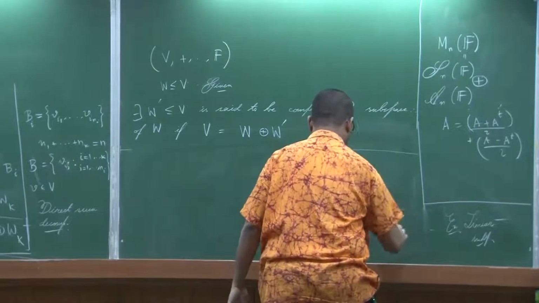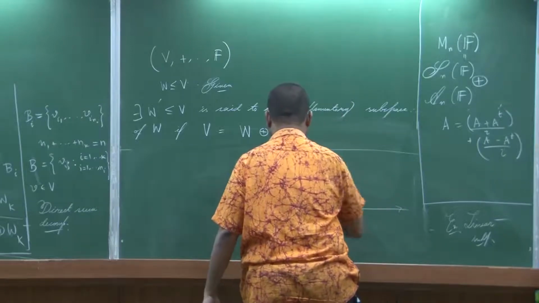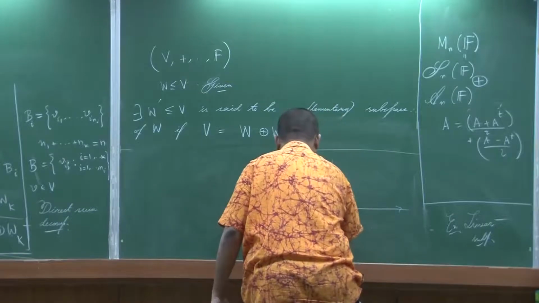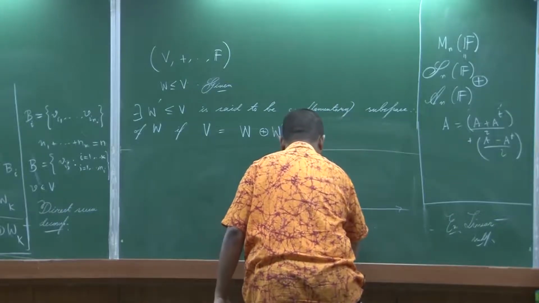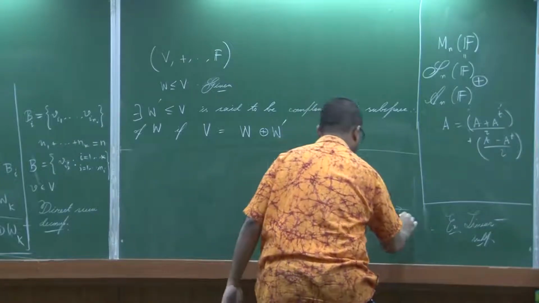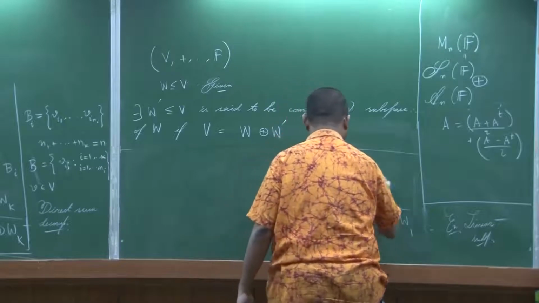Suppose V is my R2, and W is, let us say, the x axis. Then we go back to our original example: this is W1, this is W2 and this is W3.